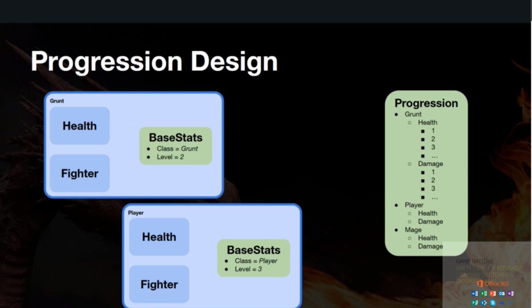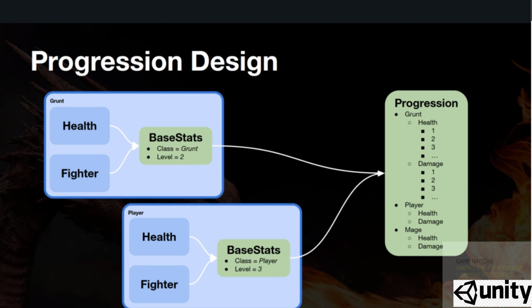So, for example, the grunt is a grunt class, and the player is a player class, and what level you're at. Then what I can do is if you ask me for health, so for example the health component says, hey, base stats, what is my health? Then base stats goes off and consults the scriptable object, the progression, and says, hey, well, you are a grunt, and you're asking for health at level 2, so here is your health.